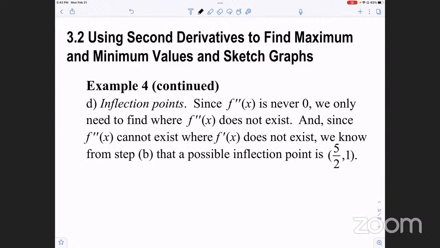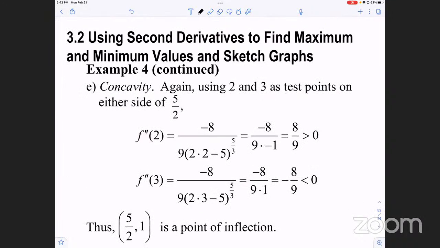Since f double prime is never 0, we only need to find where f double prime does not exist. And since f double prime cannot exist everywhere where f prime does not exist, we know from step B that a possible inflection point is 5/2, right? So then they take that, they choose a number on either side to get the concavity.